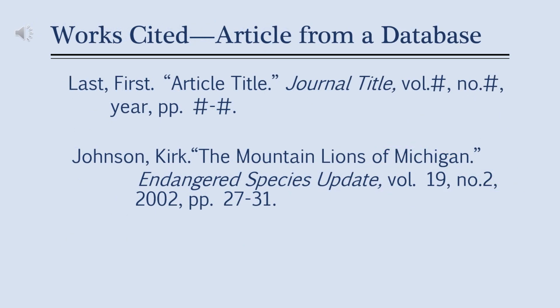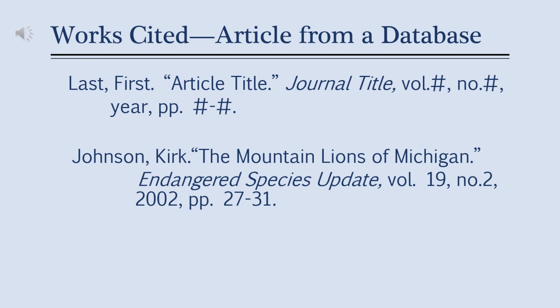Since most of our works cited will be taken from articles found within the library database, I'm just giving you here the citation formula for an article. You should have the author's last name followed by a comma, the first name and a period. The article title will be cited in quotation marks.